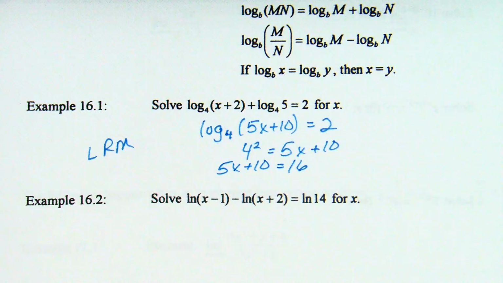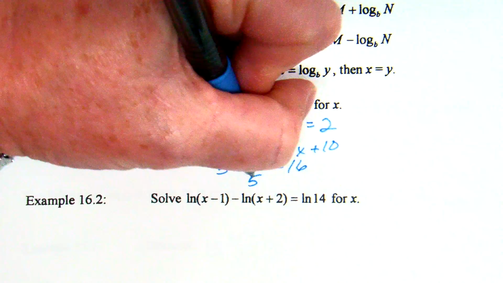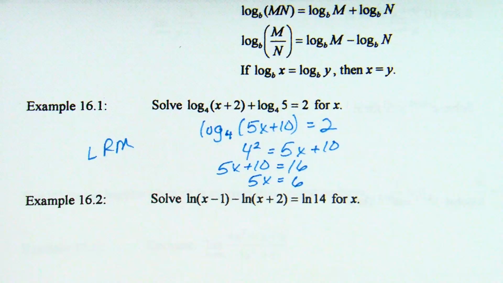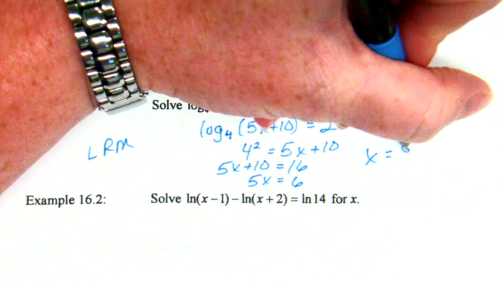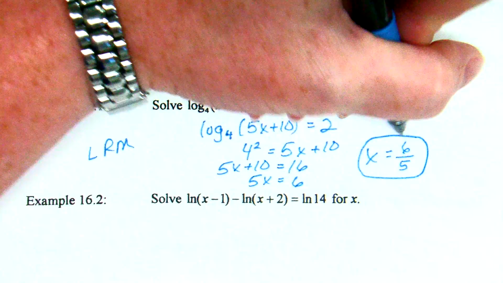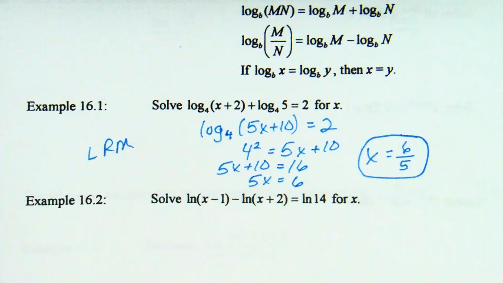Subtract the 10 over, and 5x equals 6. Divide by 5, and x is 6/5. Sound familiar? I mean, technically, we would have done something like that. We learned logs in Algebra 2, so maybe as far back as Algebra 2.